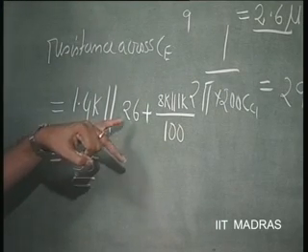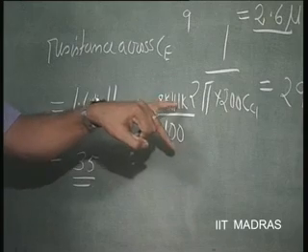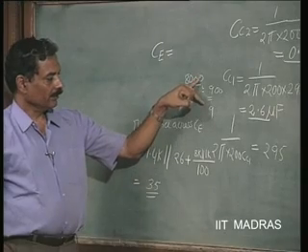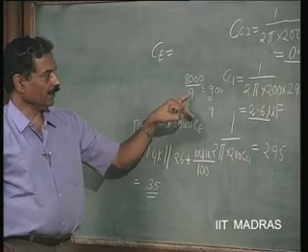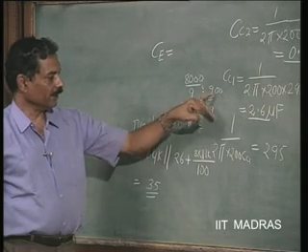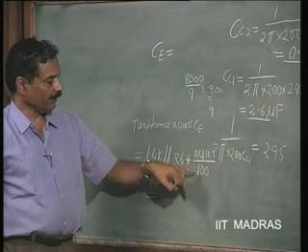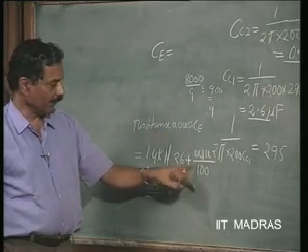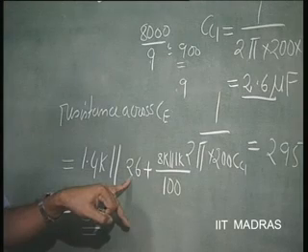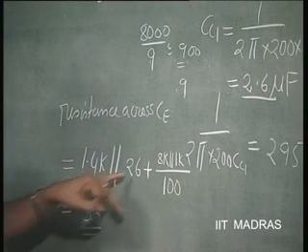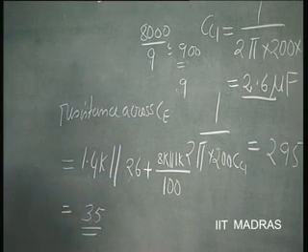Is this clear? 26 ohms plus 8K parallel 1K is 8000 by 9K, which is 900 ohms, that divided by 100, 9 ohms, 9 plus 26 is 35. 35 parallel 1.4K is 35. So, roughly 35.